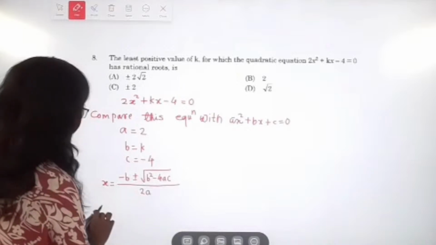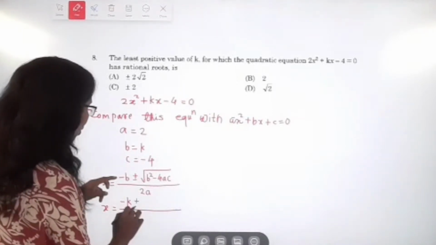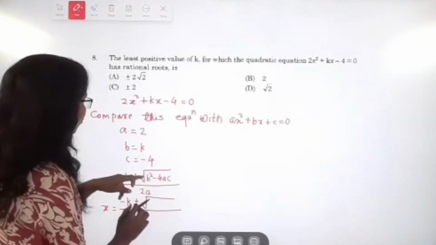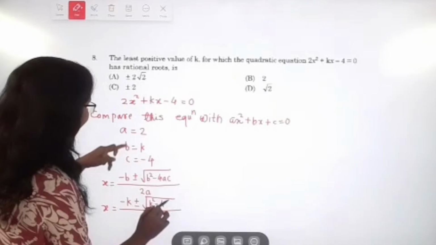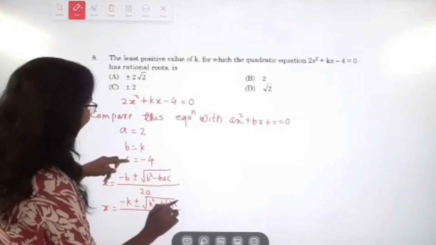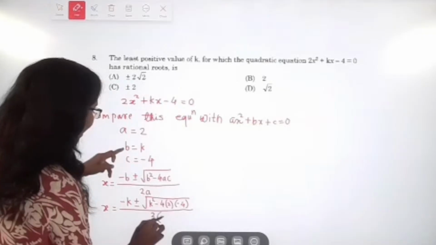So x is equal to minus k plus or minus the square root of k square minus 4 into 2 into c, that is minus 4.